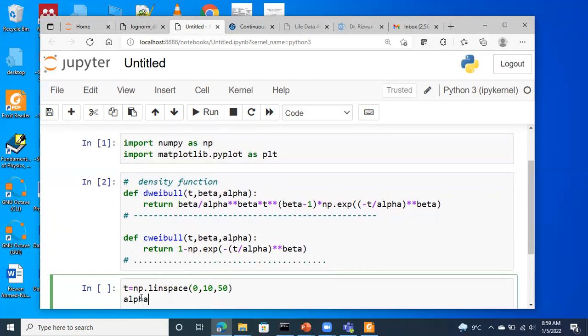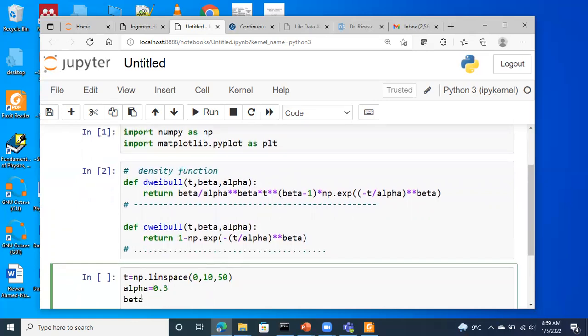And we require the value of alpha, say alpha equal to 3 and beta value, say 0.4, right?